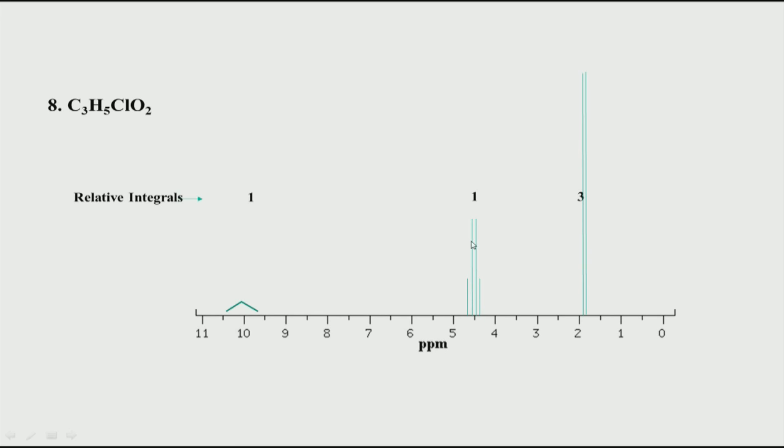And that one hydrogen is in turn coupled to the 3. Remember, if A is coupled to B, B is also coupled to A. So, if one proton is coupled to a methyl group, the n plus 1 rule means you should get a quartet, and that is what you see.